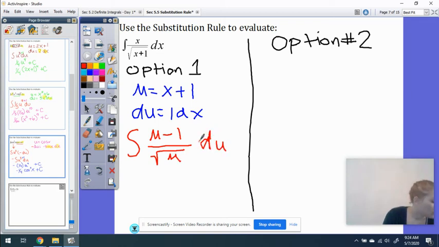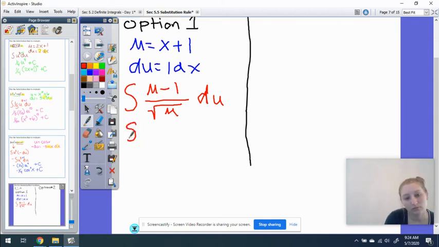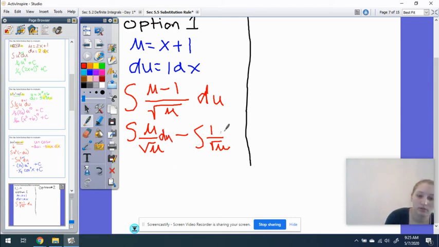Okay? All right, so from here, the easiest way to do this problem would be to split up your fractions. So you could say u over the square root of u minus 1 over the square root of u. Okay? So I'm going to simplify this down, and each of these needs a du after it. Famous for not writing.